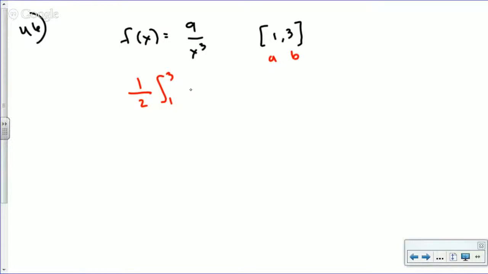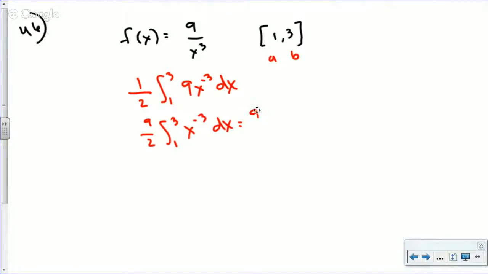And what would you recommend for f of x here, rewriting it? How about 9 times x to the negative 3? All right, again, I like to pull out all my coefficients in front, so I'm going to take out that 9 this way. Just focus on x to the negative 3.